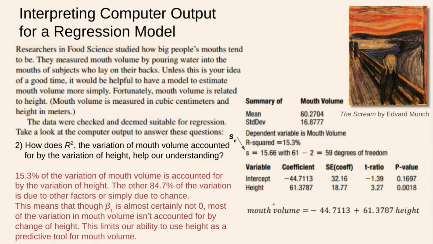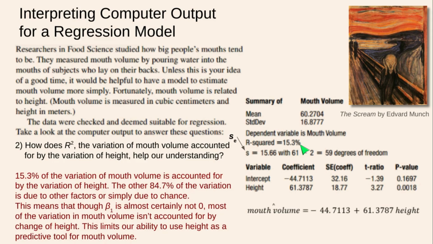So the r squared value, which we find right here, 15.3%, means 15.3% of the variation in mouth volume, that's the y variable, is accounted for by the variation of height. The other 84.7% of the variation is due to other factors or simply due to chance.